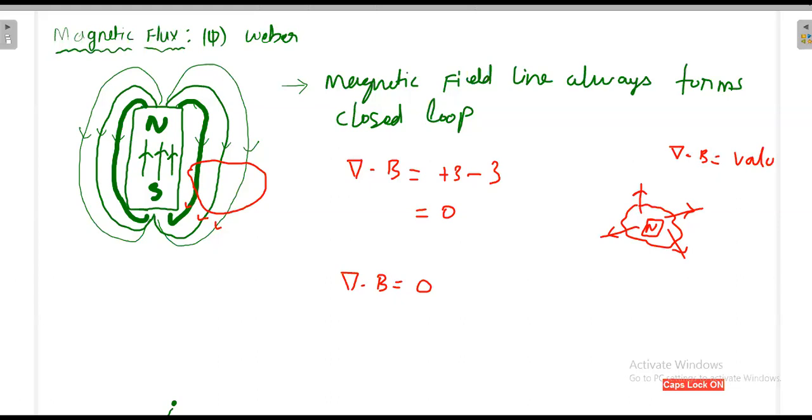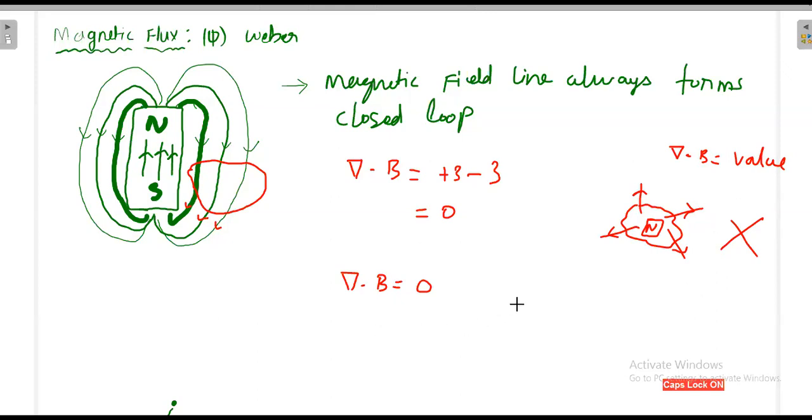But this condition itself is not at all possible. You cannot have a magnetic monopole in reality. So del dot B will always be zero.